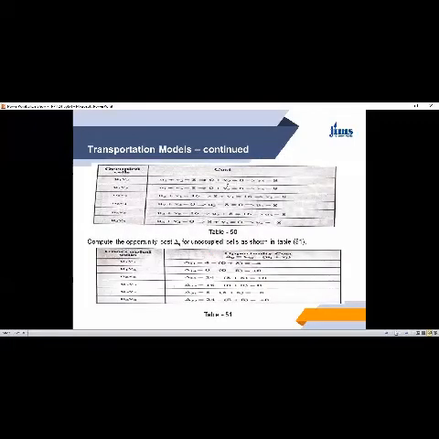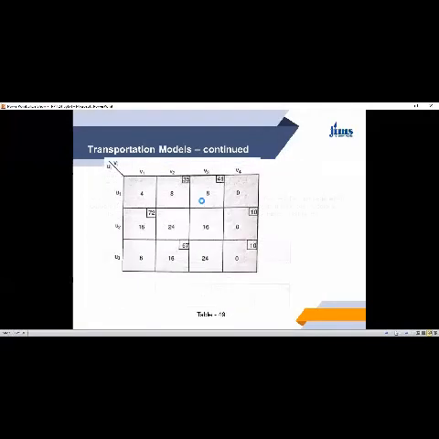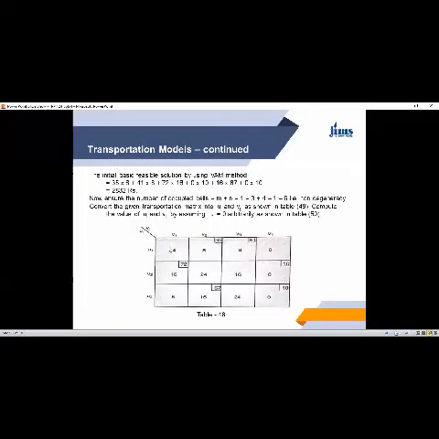So U1 plus V2 is equal to 8, because it will be only for occupied cells, not for unoccupied cells.